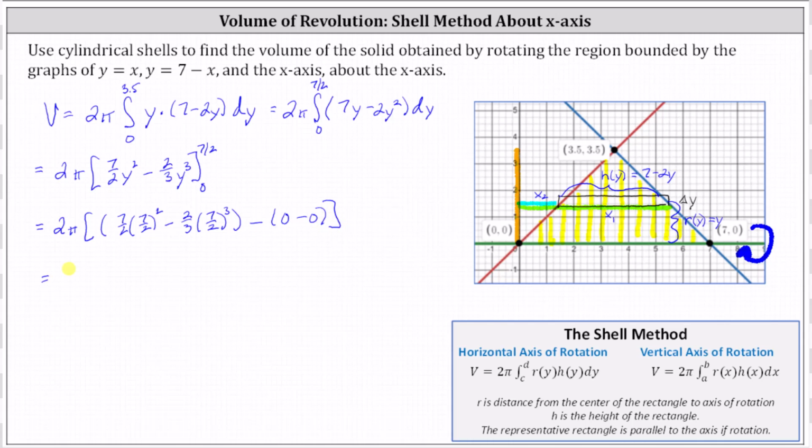Simplifying, we have 2 pi times the difference of 343/8 and 343/12, which is equal to 2 pi times 343/24, and 2 pi times 343/24 equals 343/12 pi, and because this is volume, the units are cubic units.